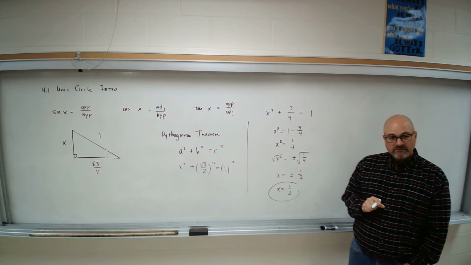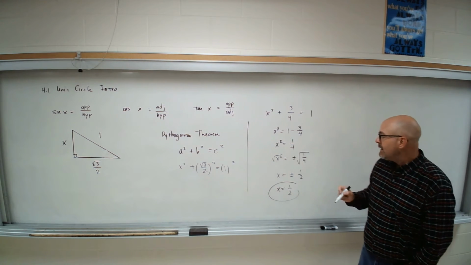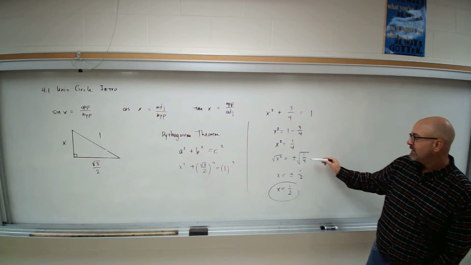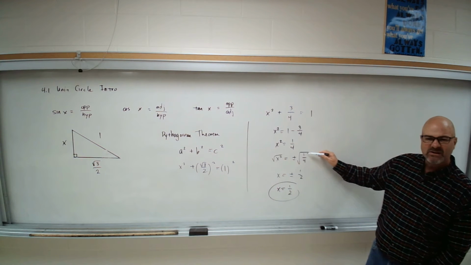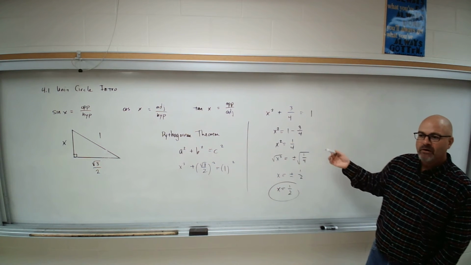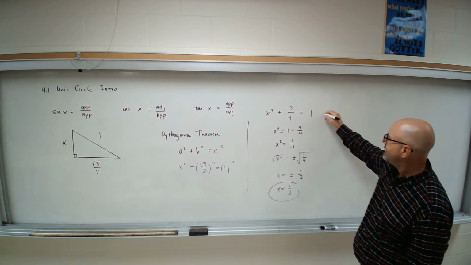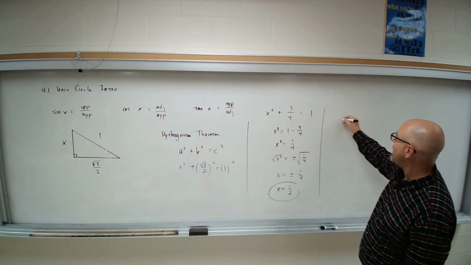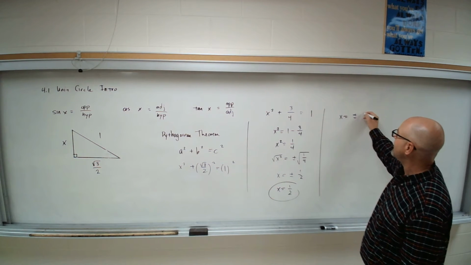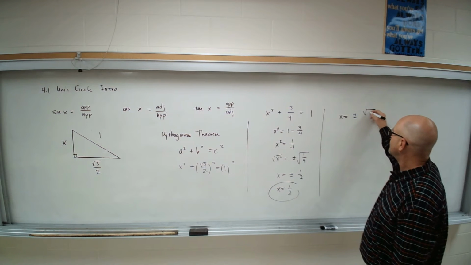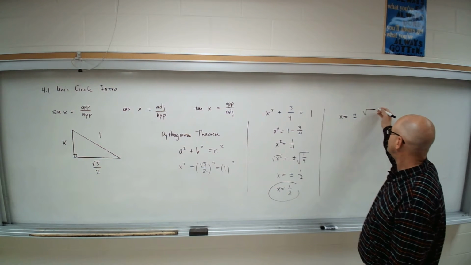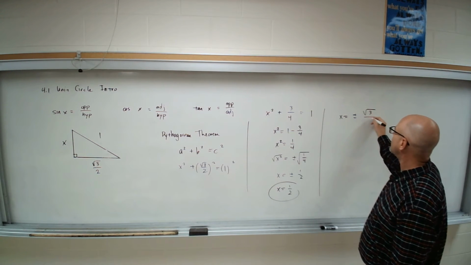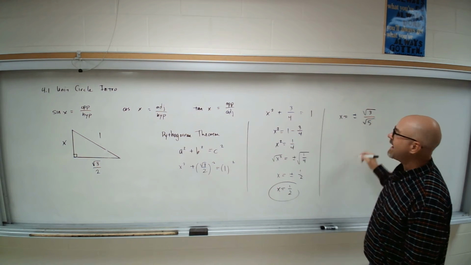Any questions here? Now, here it was nice that we square rooted 1 and we square rooted 4 and they both worked out nicely, but say that you have x equals plus or minus the square root of 3 over the square root of 5.